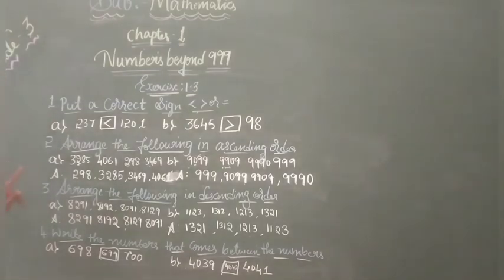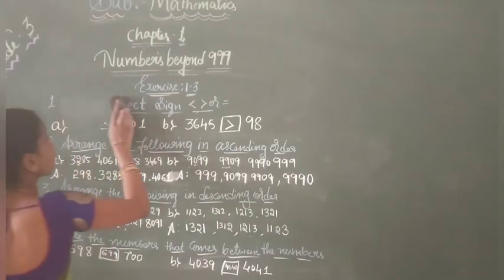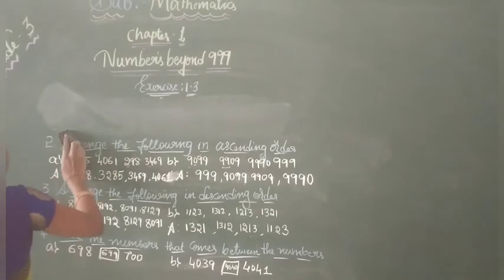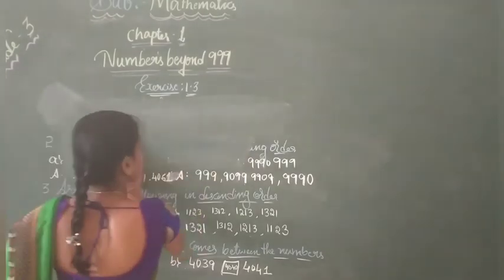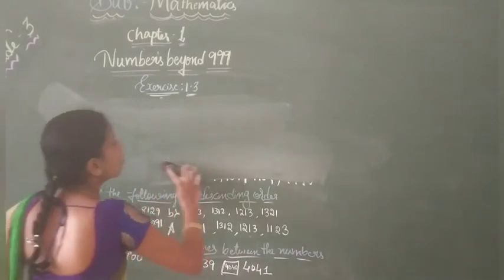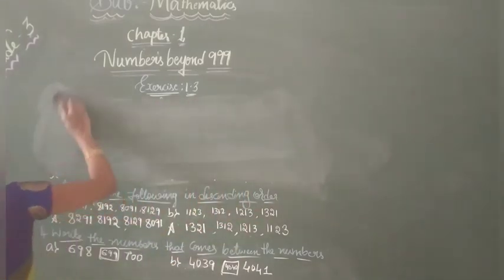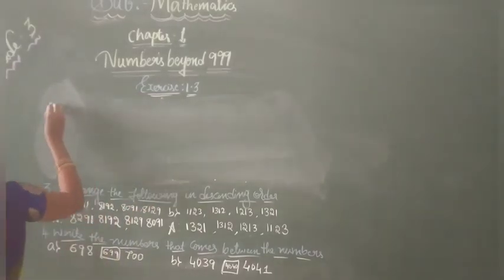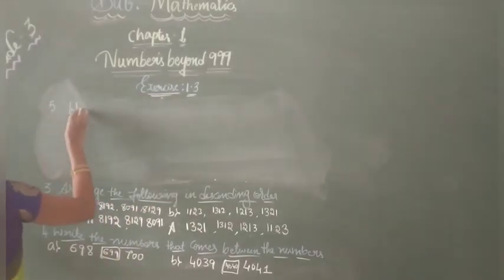Okay. Another 2 minutes is there. Just observe. Number 5 is there. Write the successor and the predecessor. It means what?